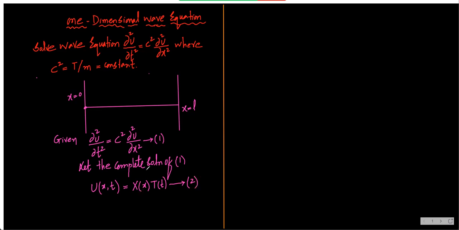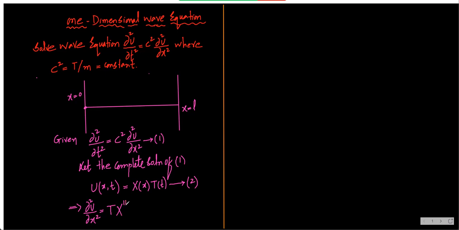Now what is our requirement? We have to differentiate this value of u with respect to t two times. When we differentiate partially the value of u with respect to x, order is not important, t is a constant and X will be differentiated two times.